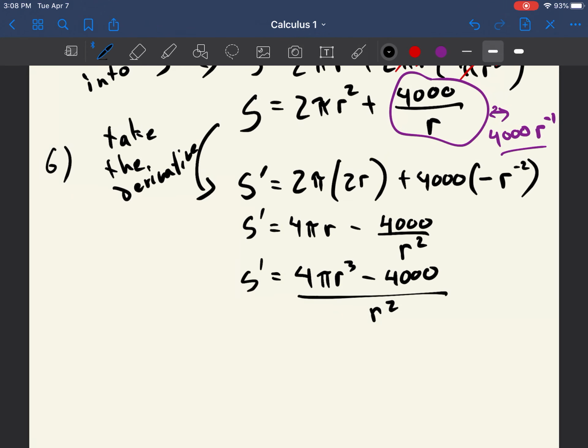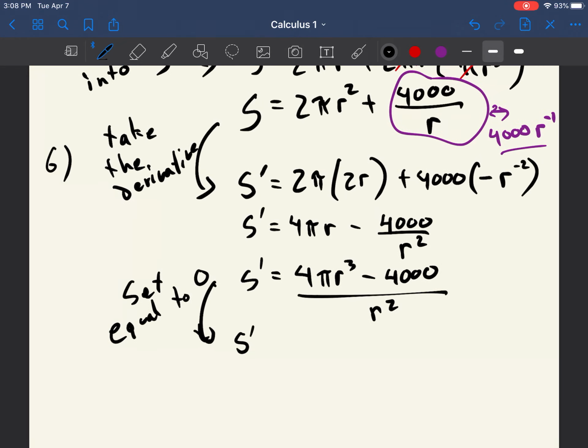So now the next step in finding max and mins is setting the derivative equal to 0. Once you find the derivative, set it equal to 0. So we're going to have s prime, 4 pi r cubed minus 4,000 over r squared, and we're going to set this equal to 0, okay?